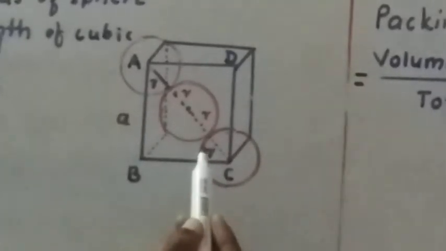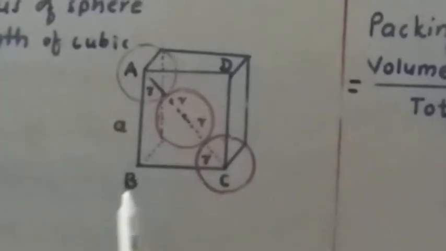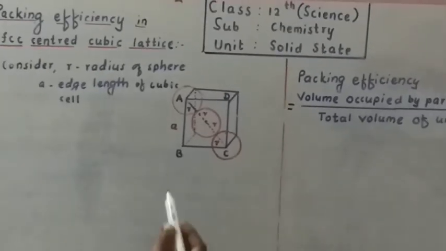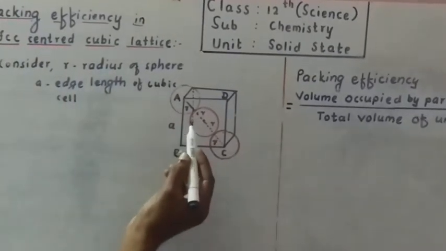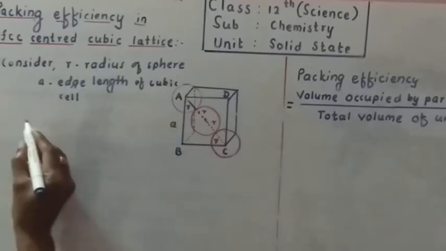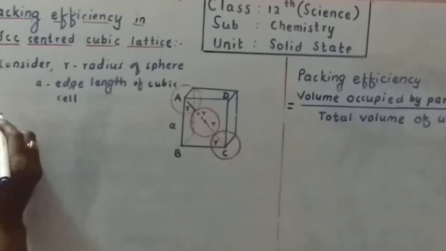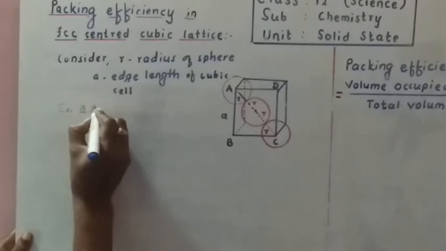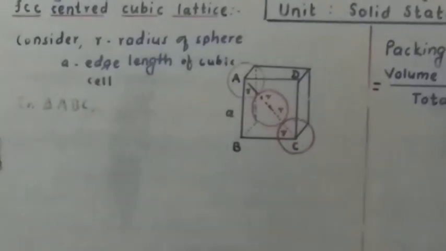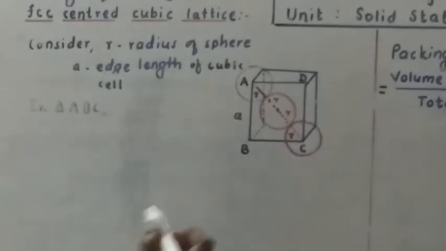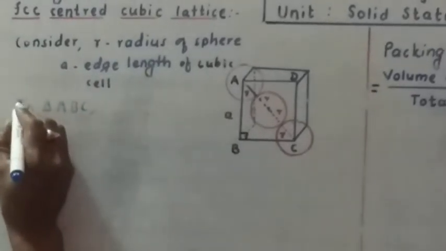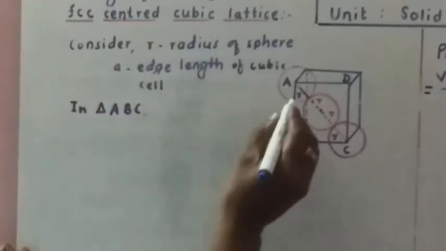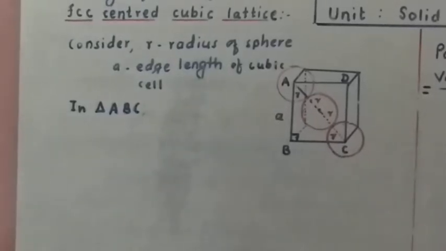Consider here R is the radius of the sphere, and a is the edge length of the unit cell. Now consider this right angle triangle ABC. In triangle ABC, angle B is 90 degrees. Here AC is the hypotenuse and AB and BC are the sides.